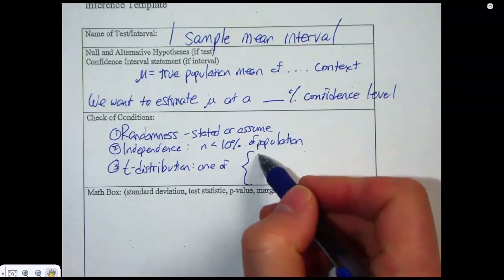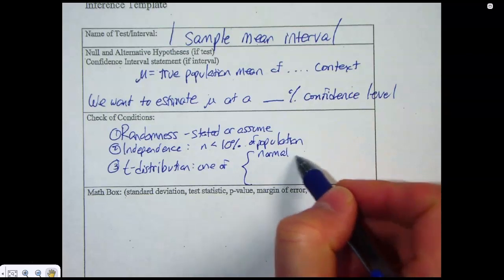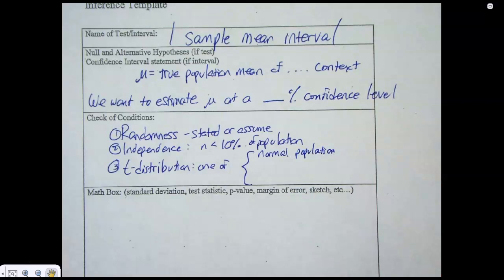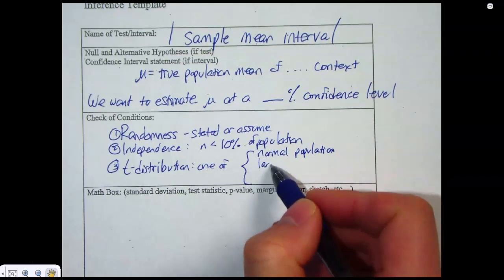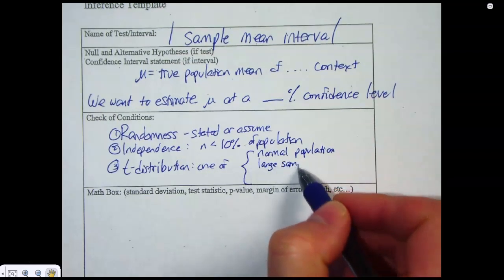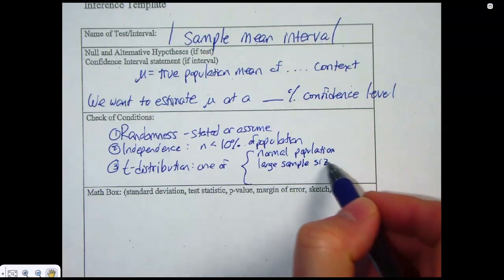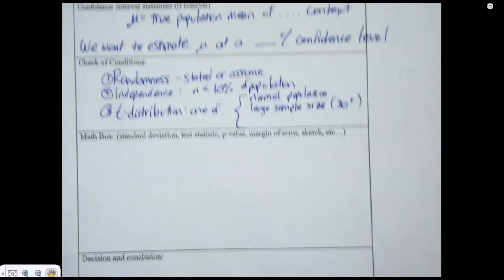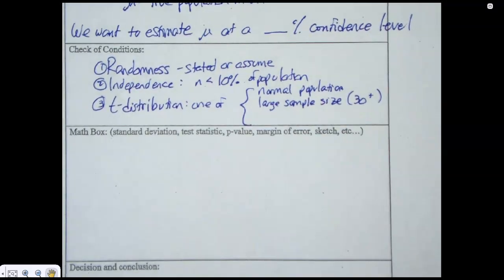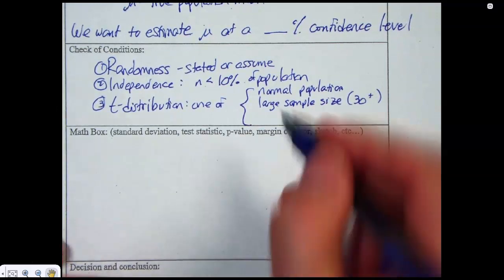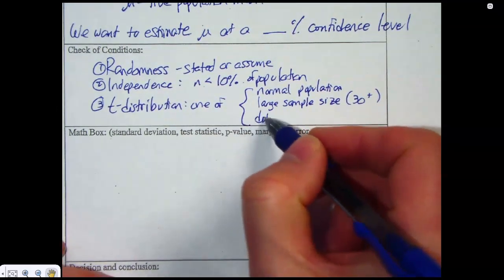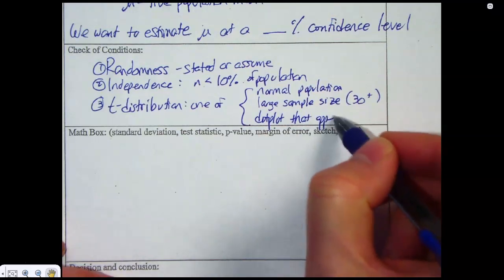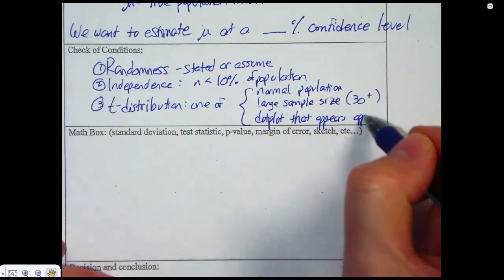You need either a normal population, a large sample size, which is 30 or more, or a dot plot that appears approximately normal.